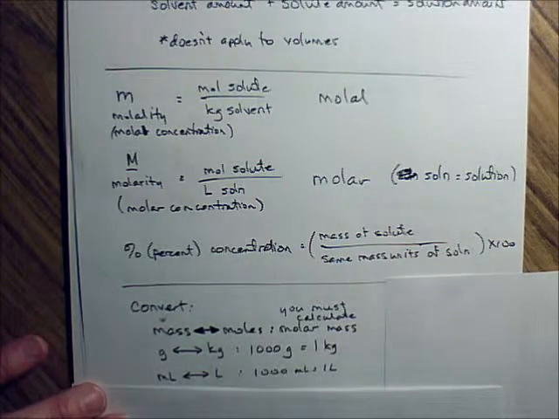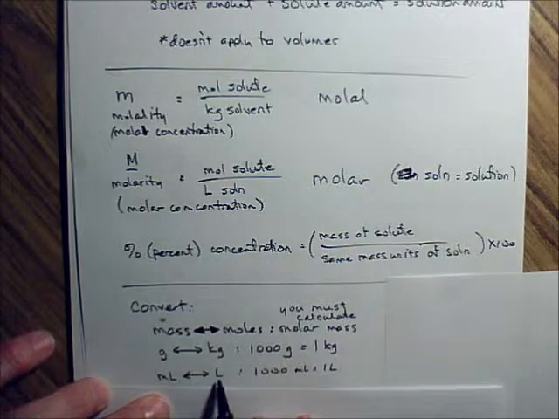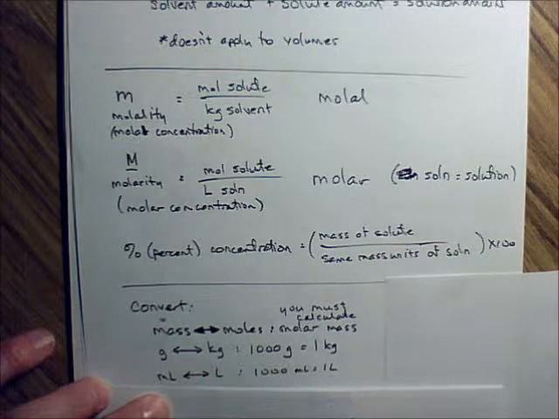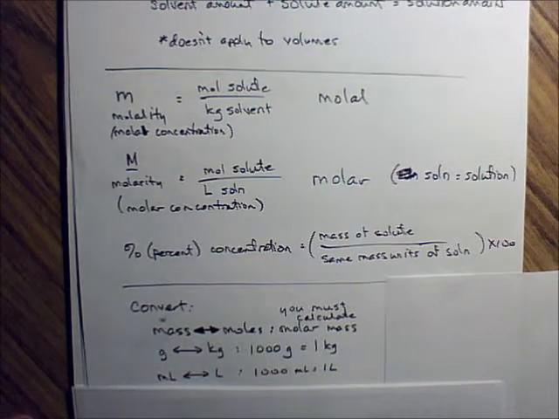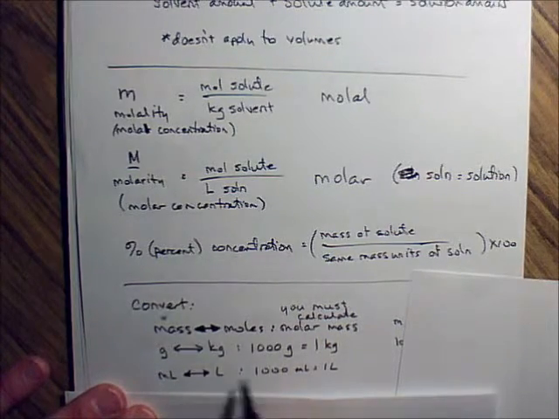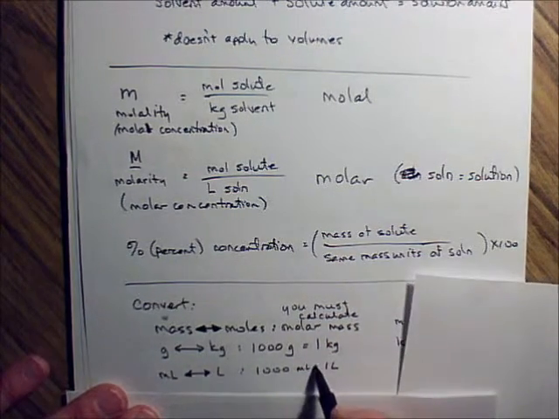And you need to know that if you're converting from milliliters to liters, there are 1,000 milliliters in a liter. Things you need to know. You can go back the other way, from liters to milliliters, using that same equality statement. You might have to do that too.